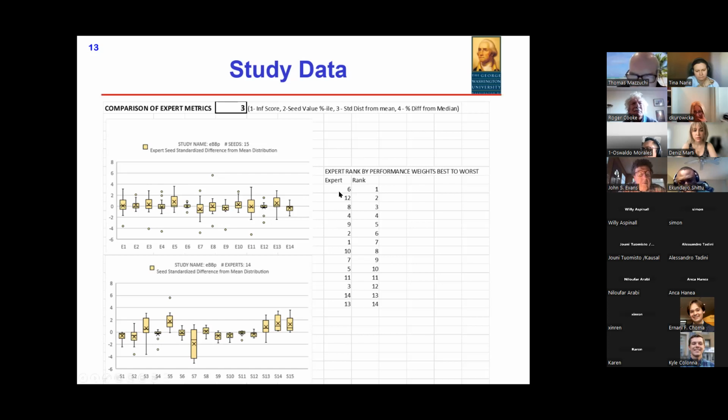While you're looking at that, I put the ranks of the experts in terms of the highest performance weight. For example, if you look at expert 6, his or her difference from the median is fairly tight, and he or she in fact does have the highest weight. Whether that's why or not, who knows? But at least it's something we can get a feel for, to start exploring these different points.